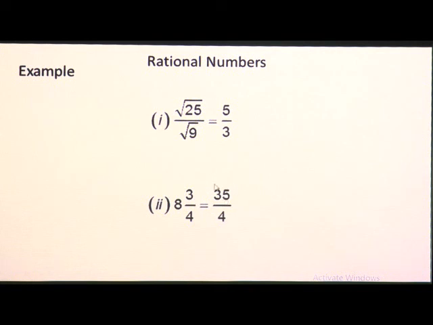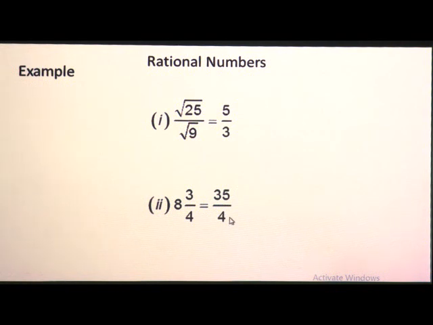35/4. This is an improper fraction, but it is in the form of a fraction, so it can be written as a rational number. We can say 35/4 is a rational number because it is written in the form of P/Q. P is 35 and Q is 4, because you know that rational numbers can be expressed in the form of P/Q, where Q is not equal to 0.